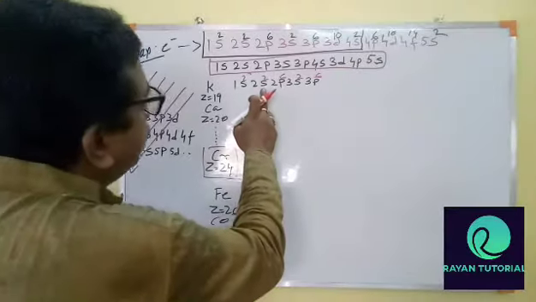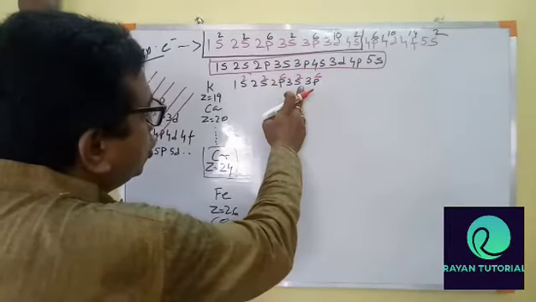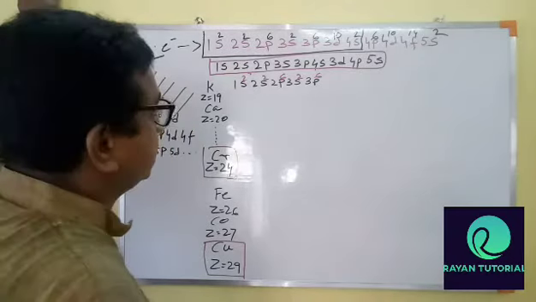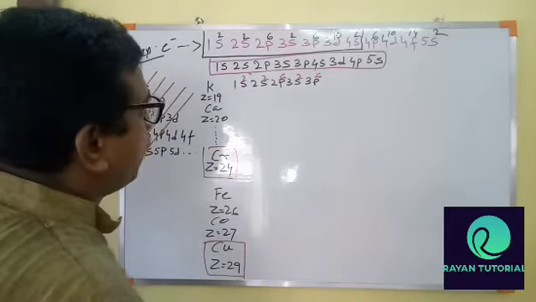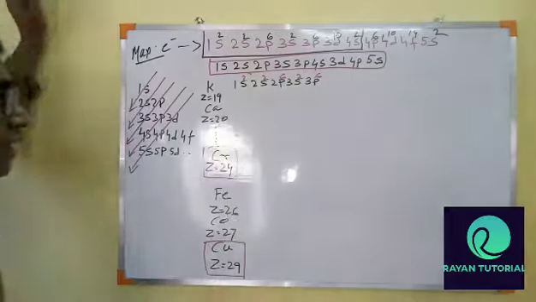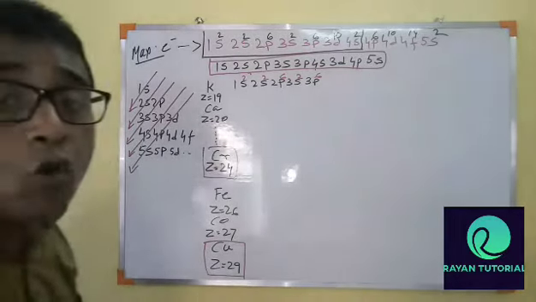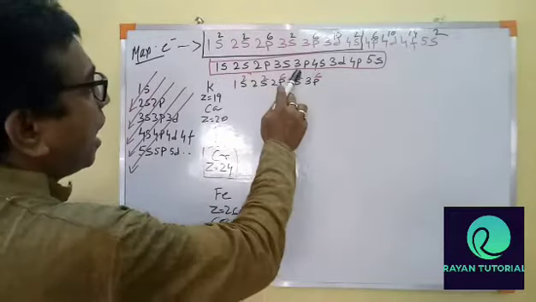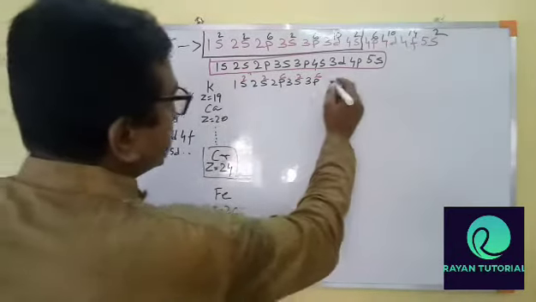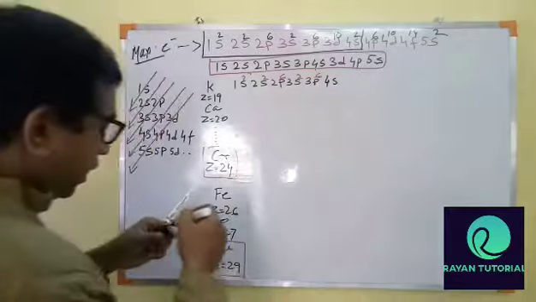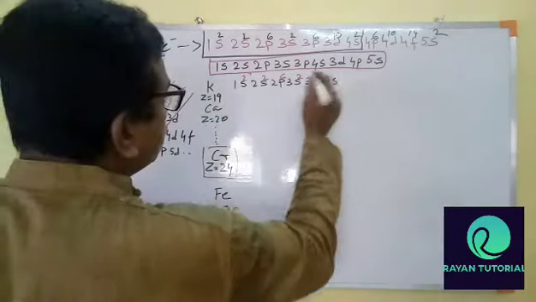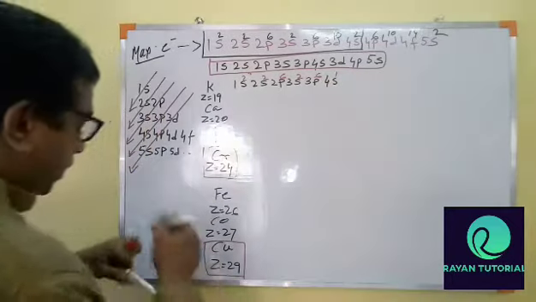That means how many? 2 and 4, 4 and 6, 10, 10 and 12, 12 and 6, 18. Am I right? So 18. But here is 19. That means I have to open the next energy level. So after 3p is 4s. So 4s maximum 2 electrons, but I need to put only 1 electron.